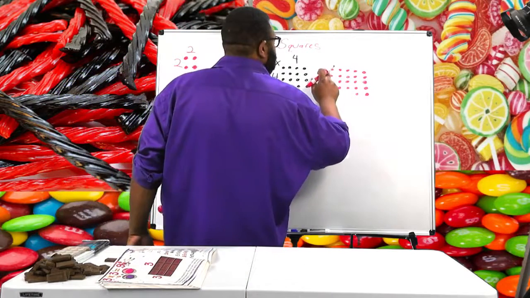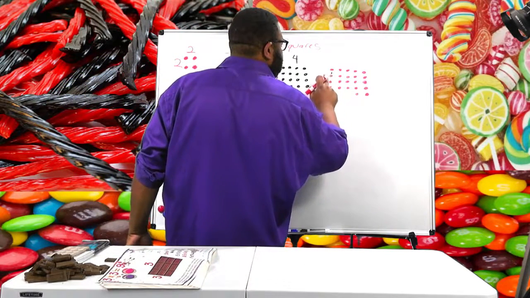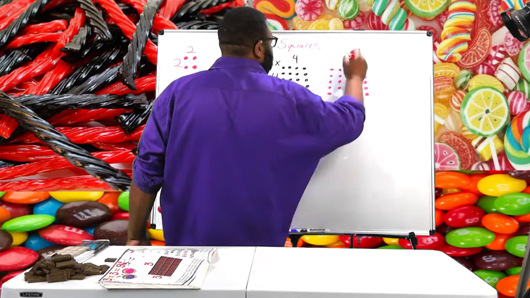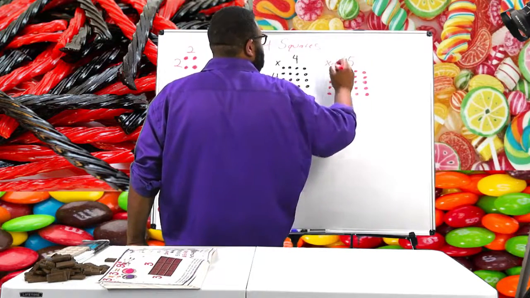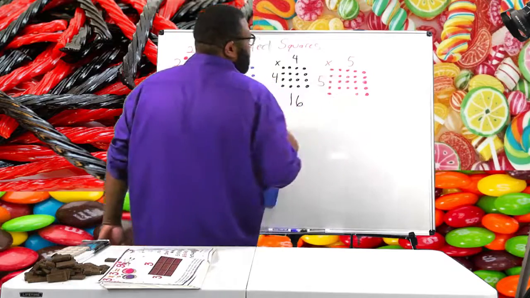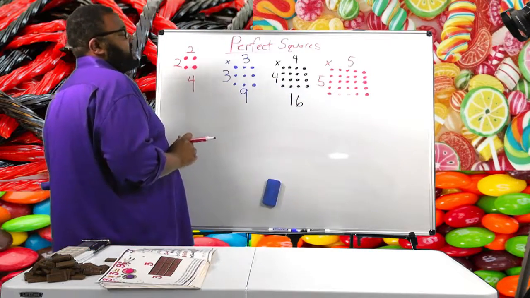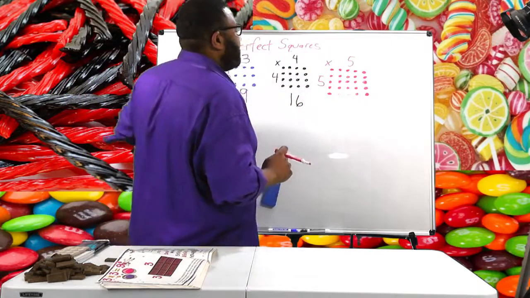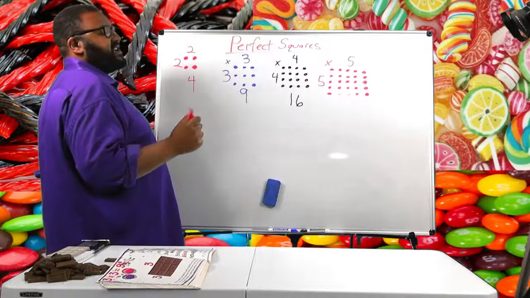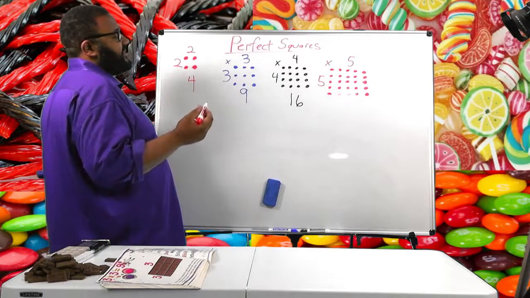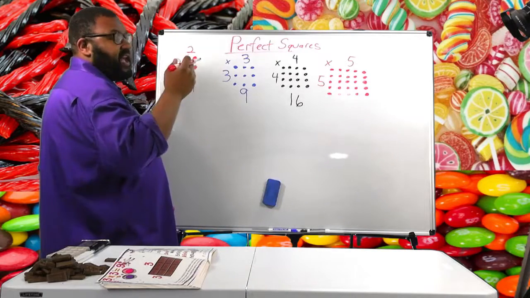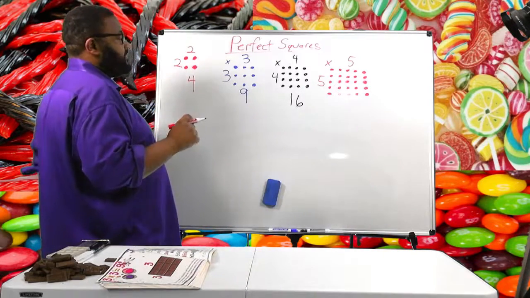Good job. Because that's 5 times 5. If we look at this as the area, that's 5 by 5, and it forms an actual square. Because technically, when we say 5 by 5, that means that both the length and the width are going to be the same.